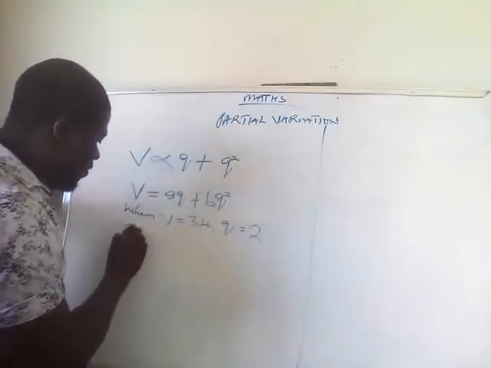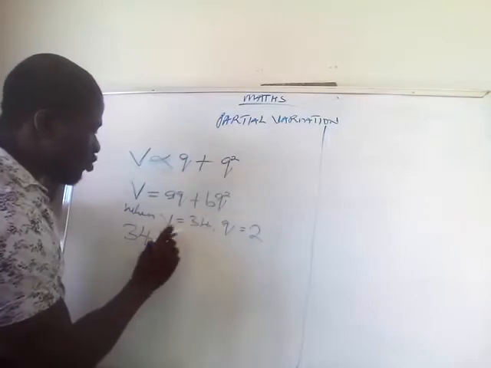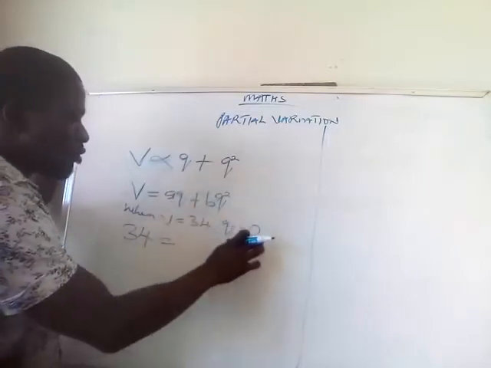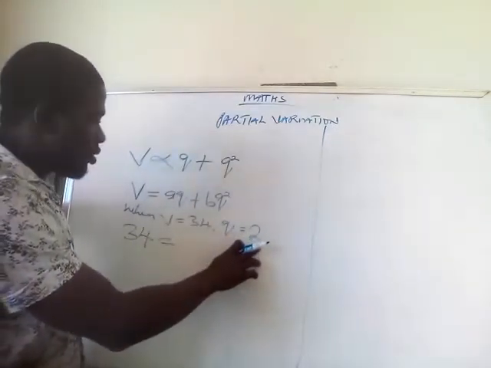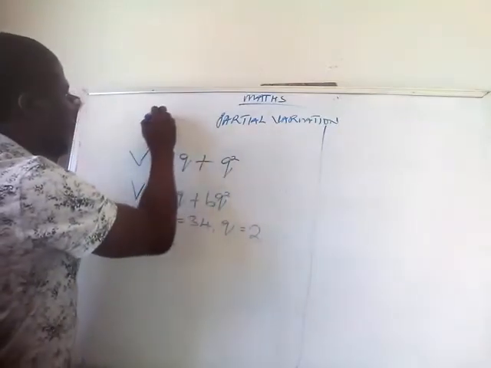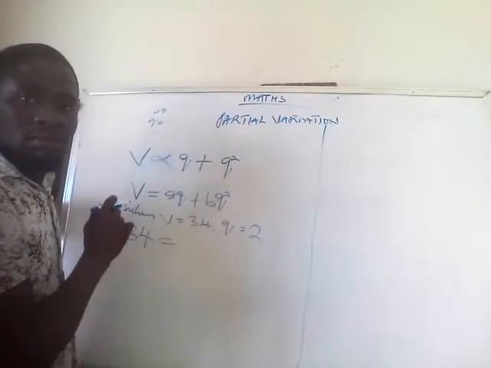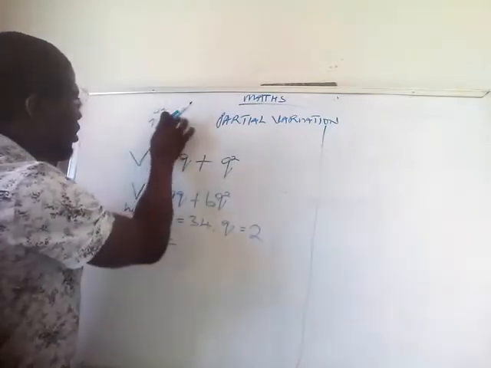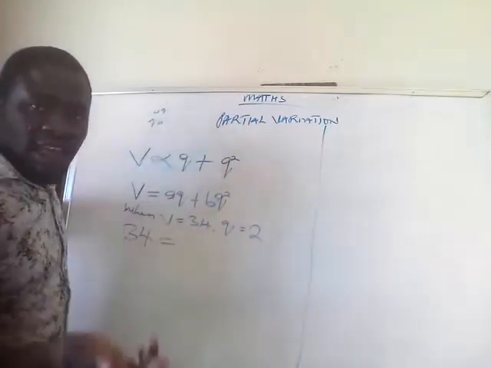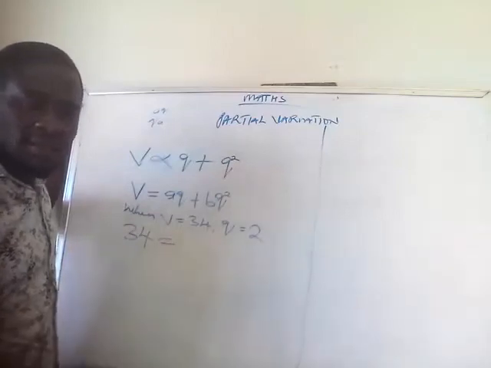We have 34 is equal to, wherever you see q, you remove it and put 2. If you have aq, it's the same thing as qa, just like 2 times 3 and 3 times 2, they are still the same thing.